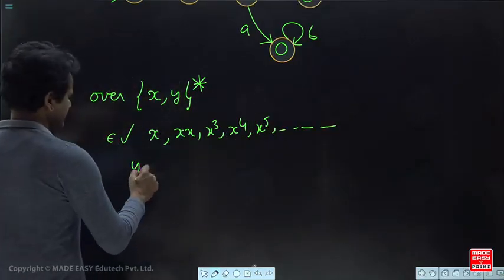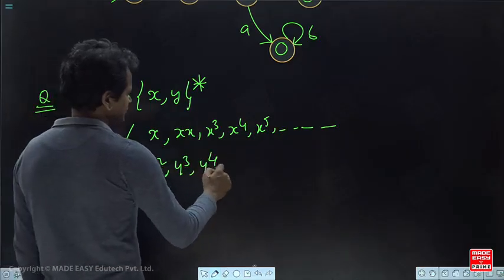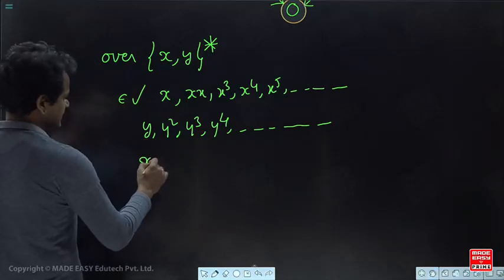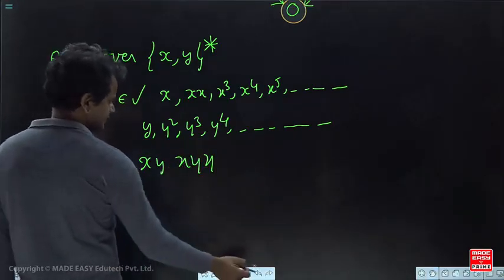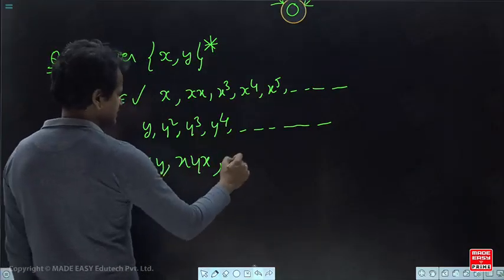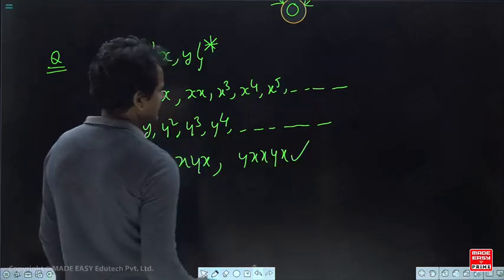Similarly y, y square, y cube, y power 4, and so on infinite. And any combination of x and y, like x, y, x. Okay, all these are valid, any combination of x and y.